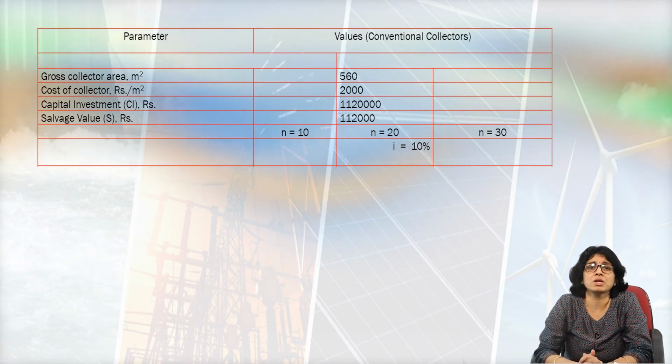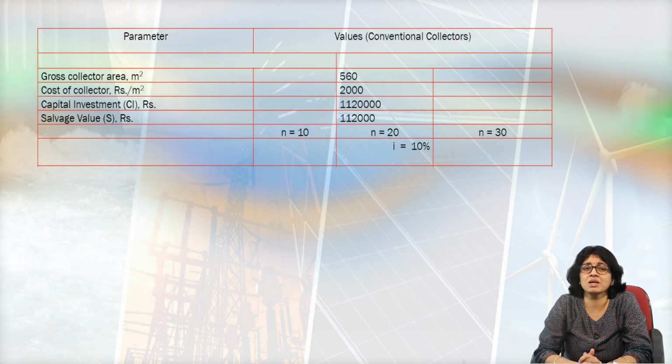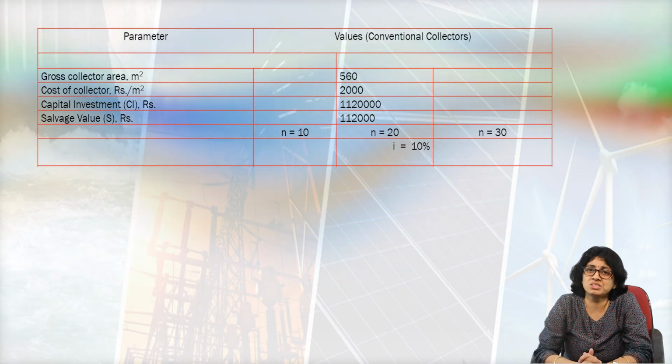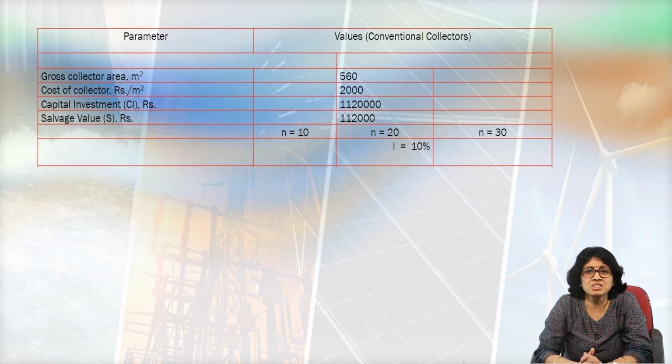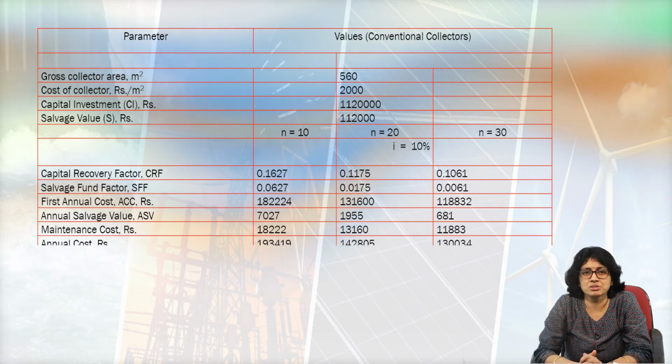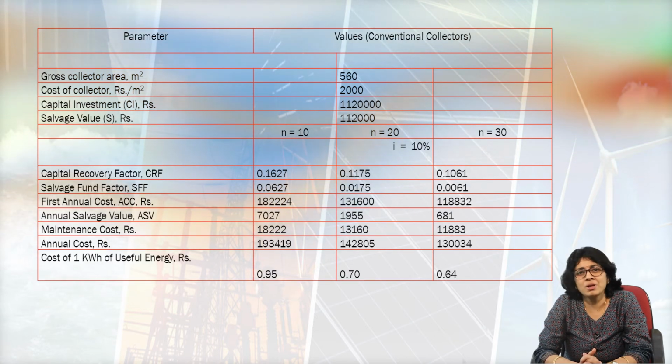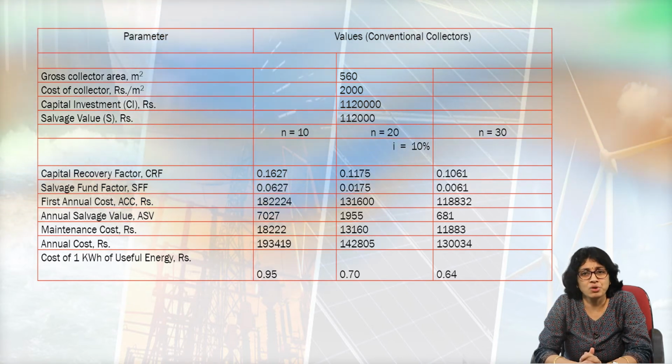It is calculated as i(1+i)^n divided by (1+i)^n minus 1. Here i is 10% and n is 10 years. Similarly, you can calculate the capital recovery factor for n equal to 20 years and 30 years respectively.